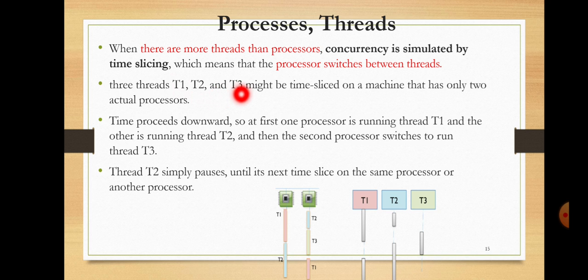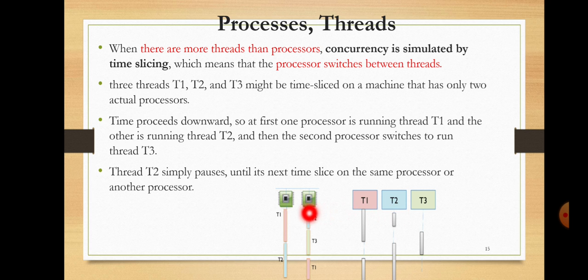After that time, the processor executes the next thread and it goes on. So in this example we may have 3 threads, T1, T2 and T3, and we may have 2 processors. At first, thread T1 may get executed by processor P1, and P2 may execute T2.